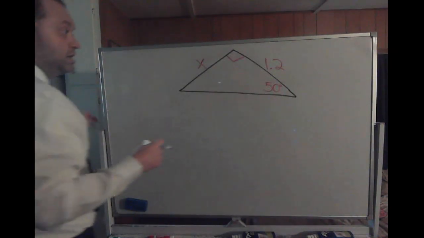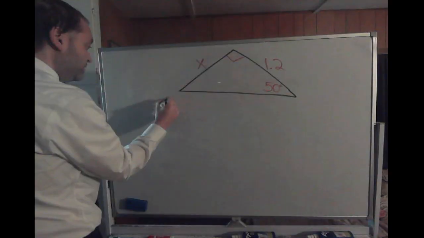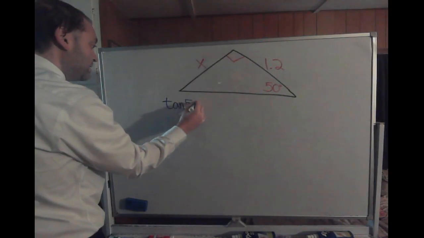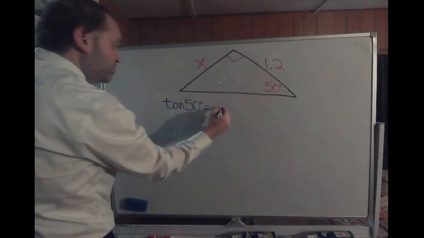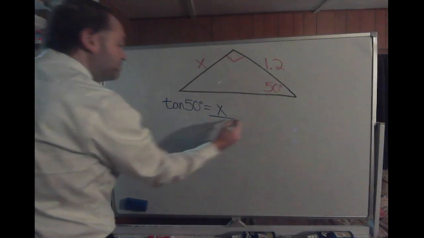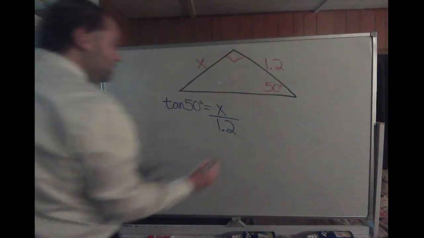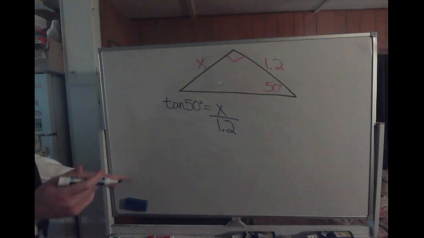Well, we know the 50-degree angle, so set up the tangent of 50 degrees. That's going to be equal to the opposite leg, which would be x, divided by your adjacent leg, which would be 1.2. So tangent of 50 degrees equals x divided by 1.2.